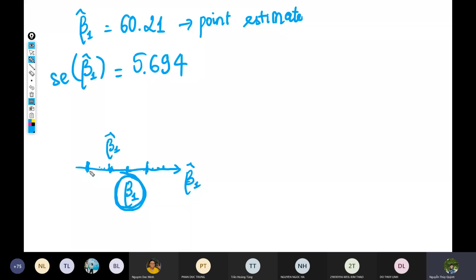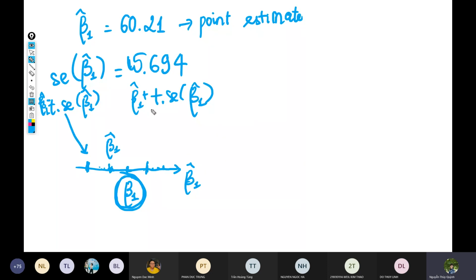That range is usually beta 1 hat minus t times the standard error of beta 1 hat, to beta 1 hat plus t times the standard error of beta 1 hat. This one is here and this one is here.